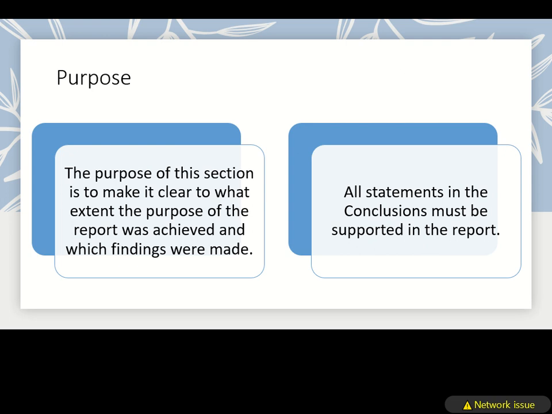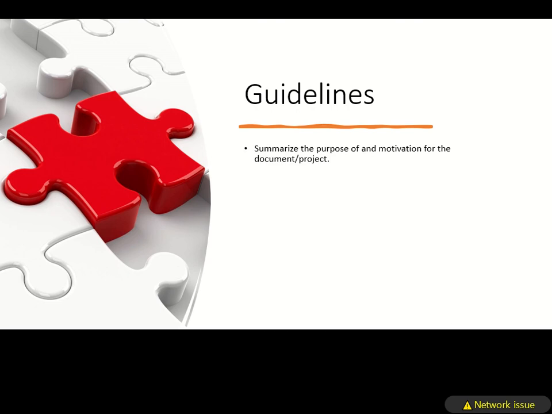Okay, and like I already mentioned, what are the things you are including in the conclusions? The achievement of your purpose and your findings. These are the 2 main things. So you need to summarize the purpose and motivation of writing your document or doing your project. We do this again in some other section as well.